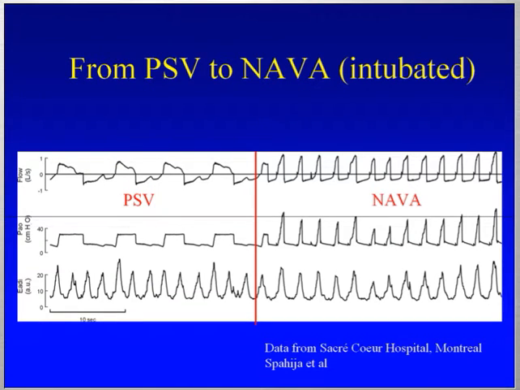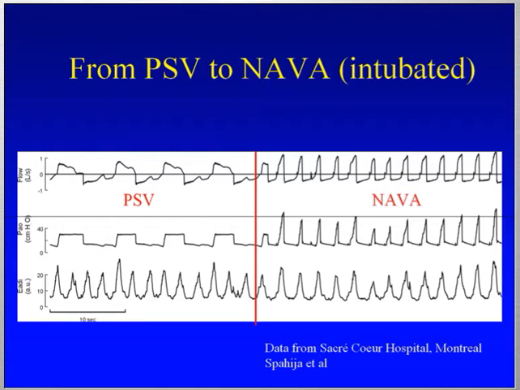This is almost my last slide, and it's basically the visual image I would like you to take home from this talk. This is data that we now have from my colleague in Montreal who is comparing pressure support to NAVA in intubated adult ICU patients. And on the left, you have pressure support with the 3 examples of asynchrony I described to you earlier, where you have varying respiratory drive, pressure support doesn't respond, wasted efforts, and delays.